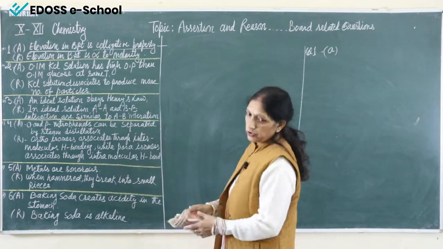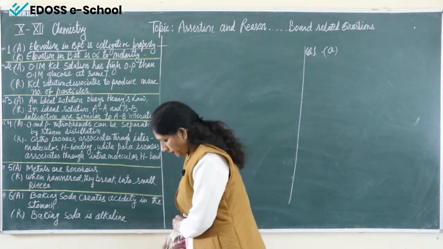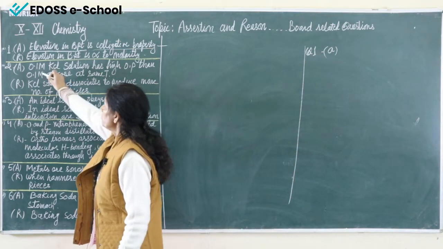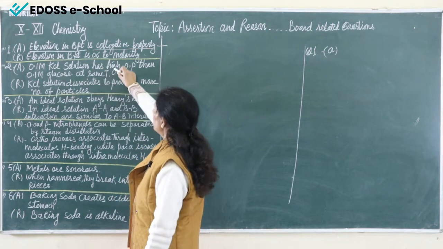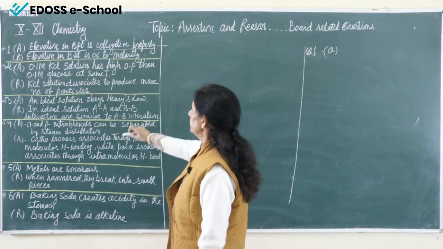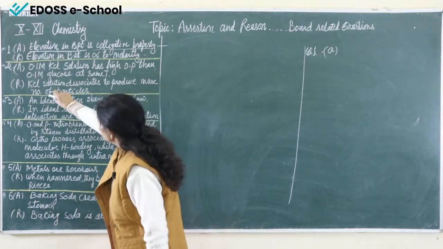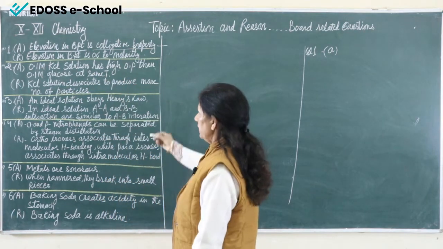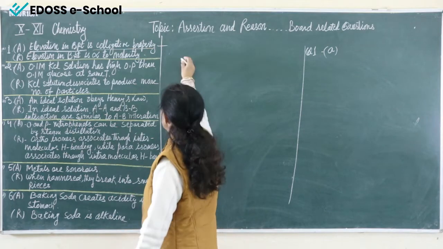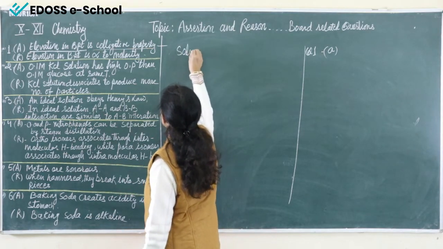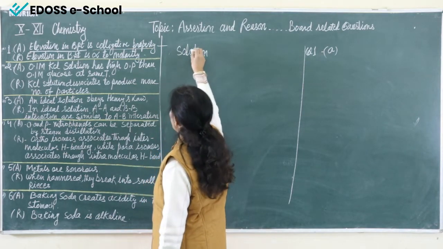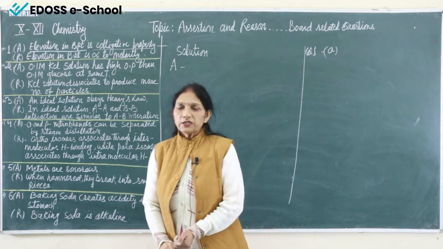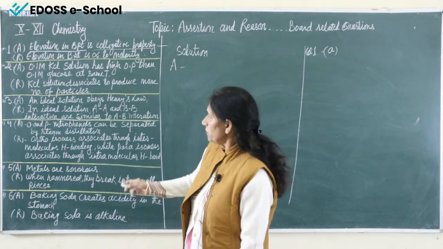The second question is: osmotic pressure of 0.1 m KCl, then 0.1 m glucose at the same temperature. Now again this chapter is Solutions. And what the assertion says, we have to find out whether the assertion or the statement is correct or not.